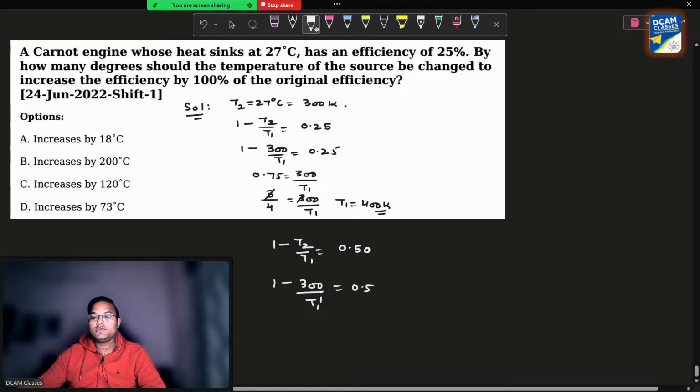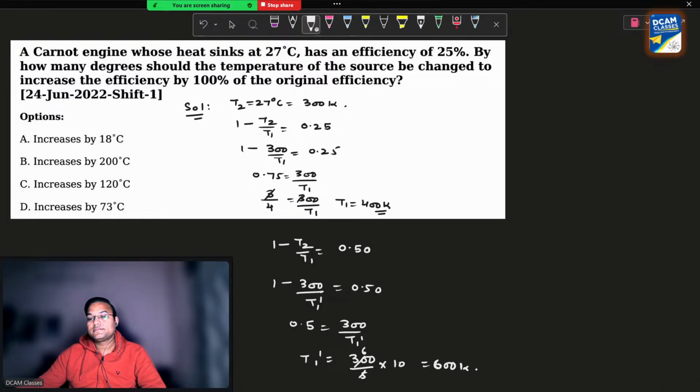So 0.5 is equal to 300 by T1 dash. So T1 dash is equal to 300 by 5 into 10, 600 Kelvin. So by what temperature has the source increased? Delta T is equal to T1 dash minus T1. It's 600 minus 400. That's 200 Kelvin.